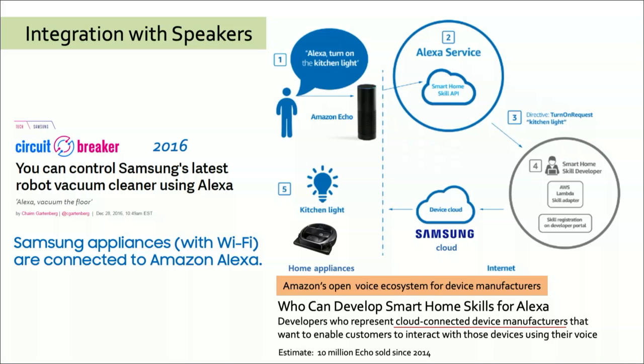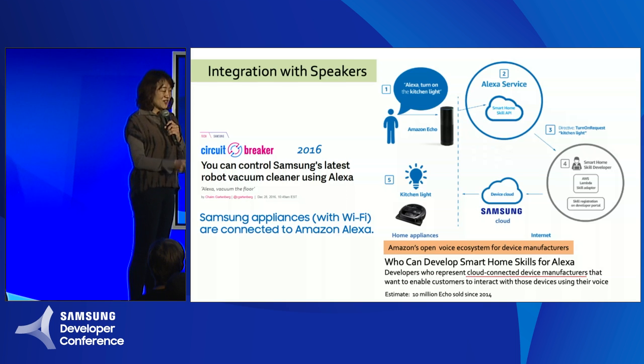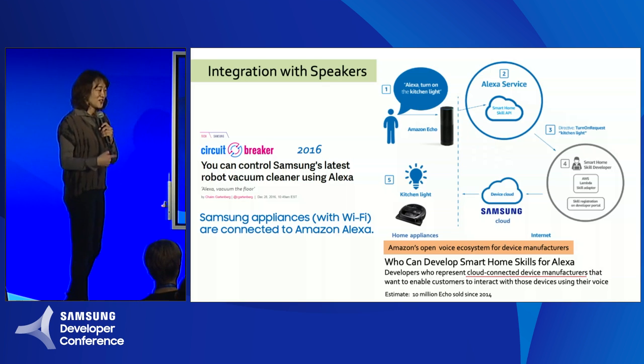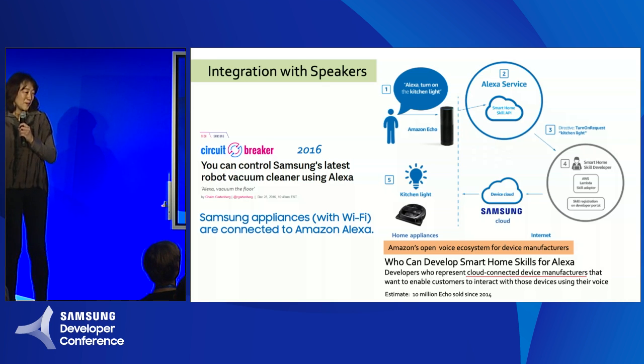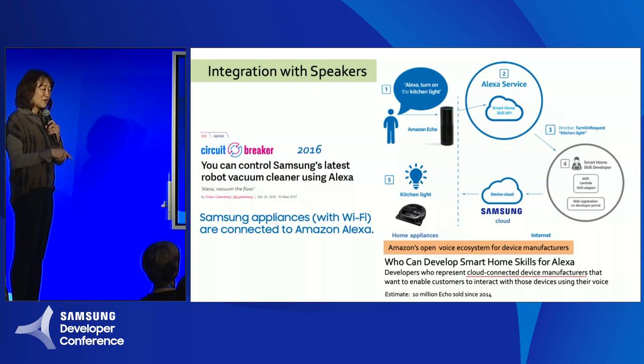One example of this is connecting with smart speakers, right? The Samsung Robo Vacuum Cleaner was the first vacuum cleaner that was connected through the Amazon Echo. So if you own an Amazon Echo, you can control the Samsung vacuum cleaner, turn it on, turn it off, things like that. That was the first one that we did in 2016, and that was the first in the market, right?